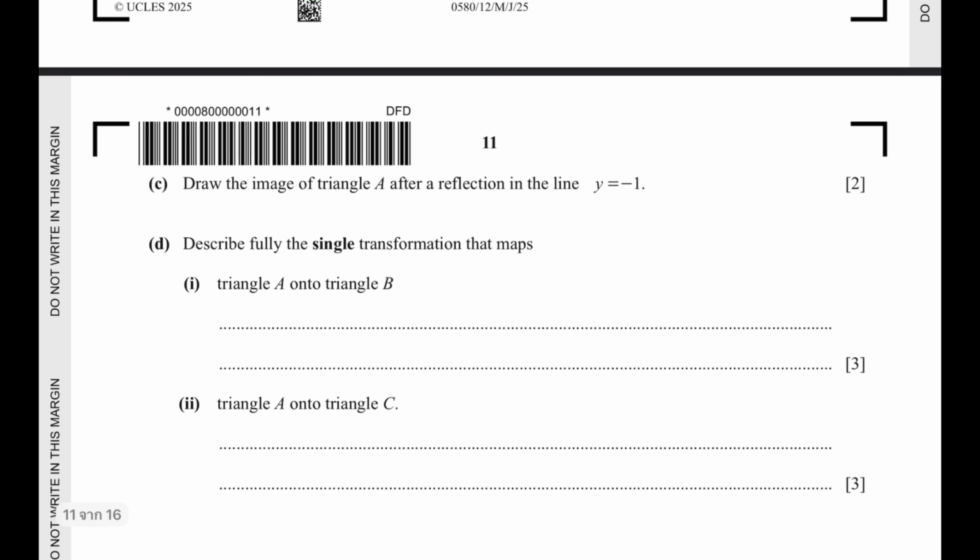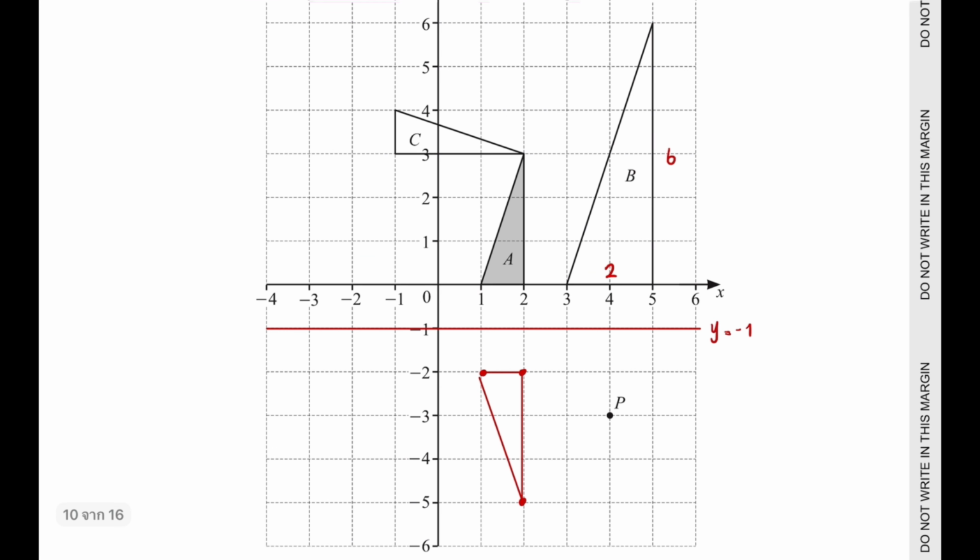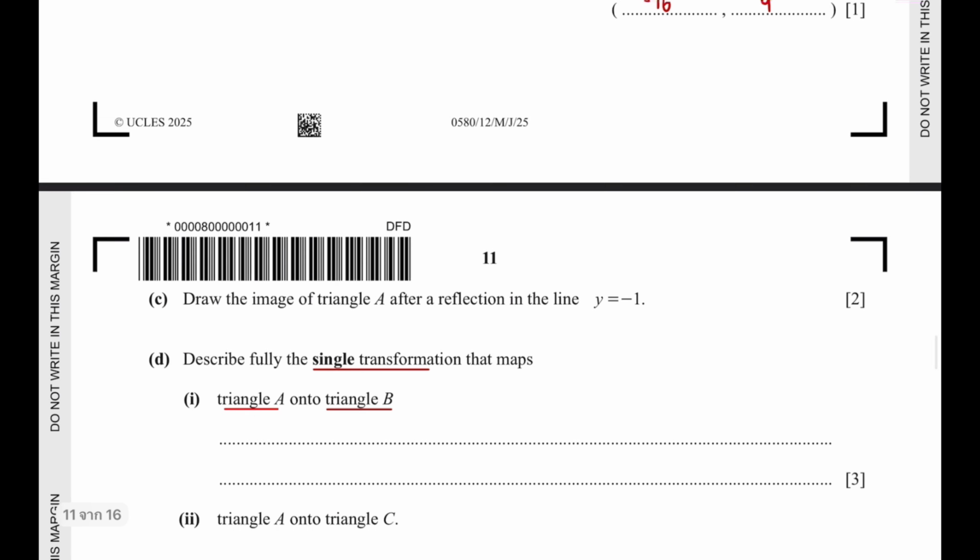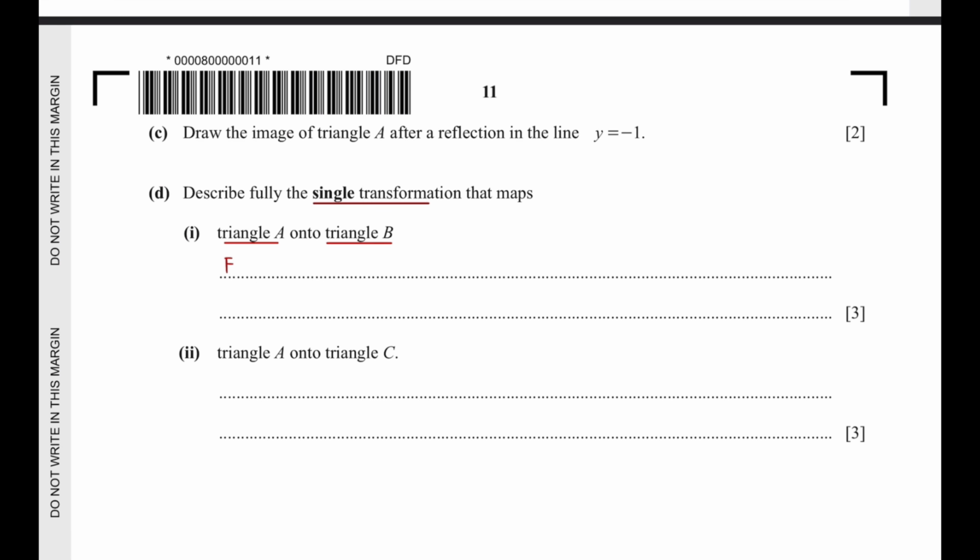Then, question D. Describe fully the single transformation that maps triangle A onto triangle B. So A to B is the enlargement. Okay.